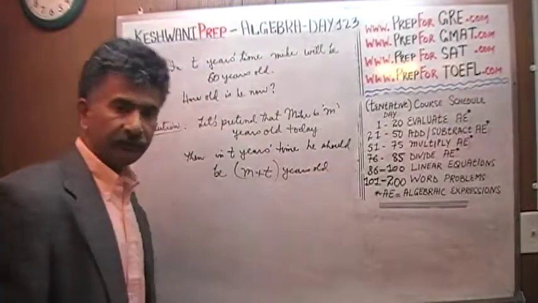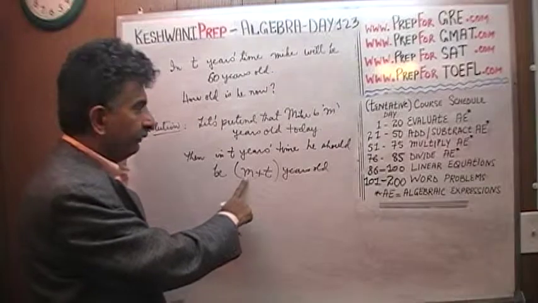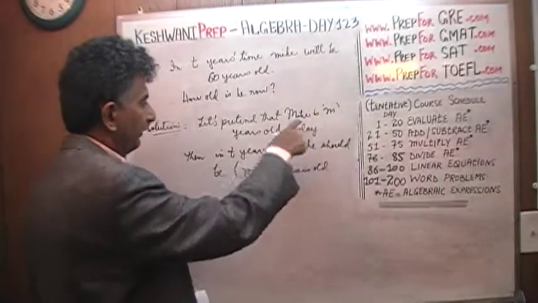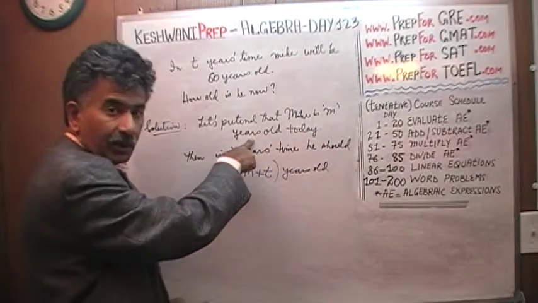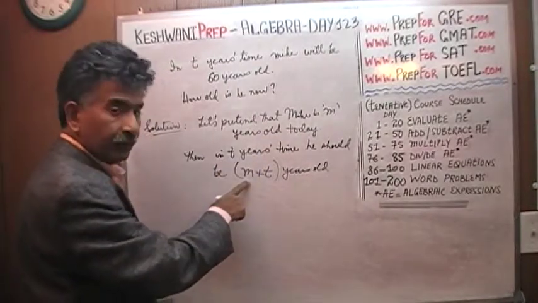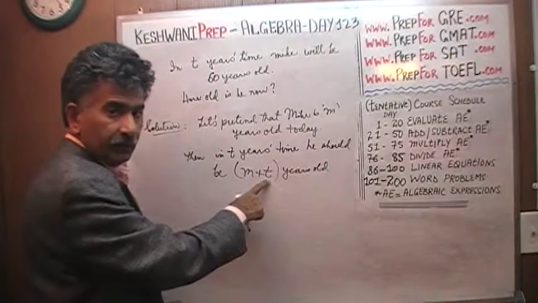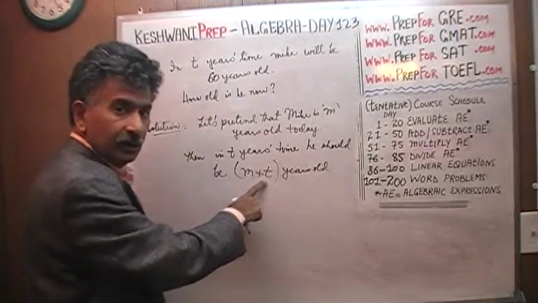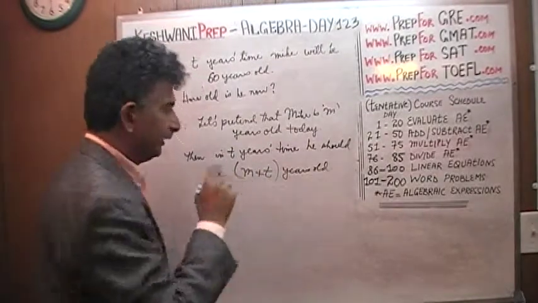That makes sense, because we have employed letter M to represent his age today, his current age, and therefore whatever his current age is plus T more years should be his age T years from now. In T years time he should be M plus T years old.